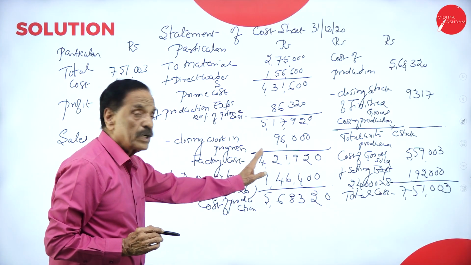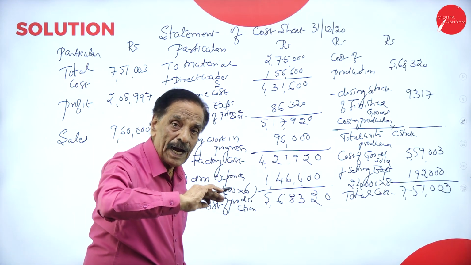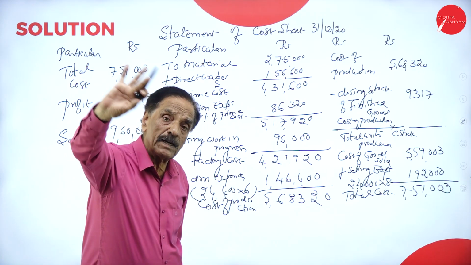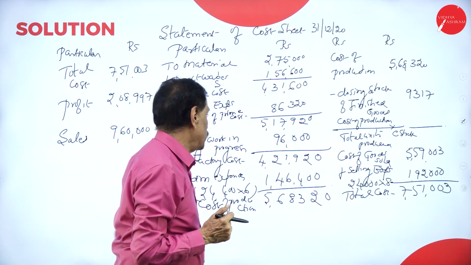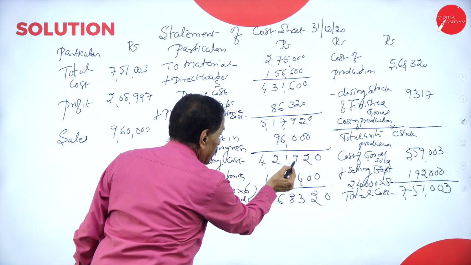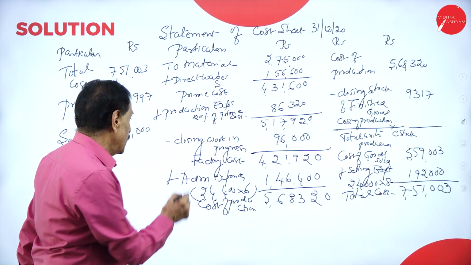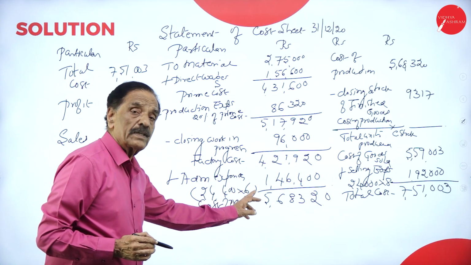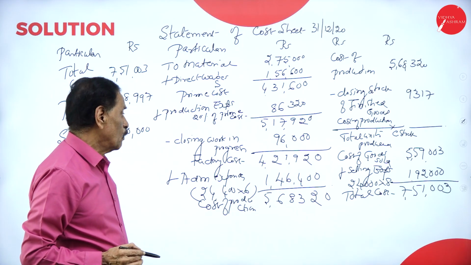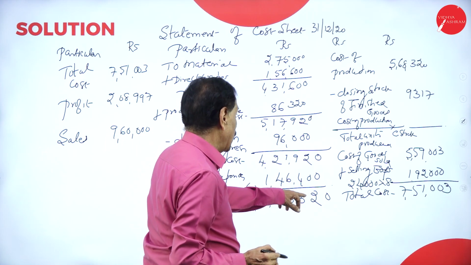Minus closing work in process. Add administration expenses as per cost record 1,46,400. This comes to 5,83,320.